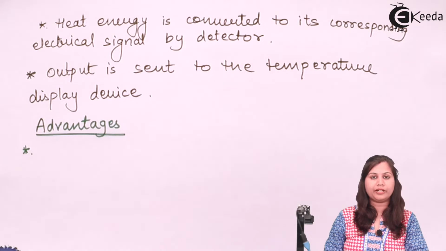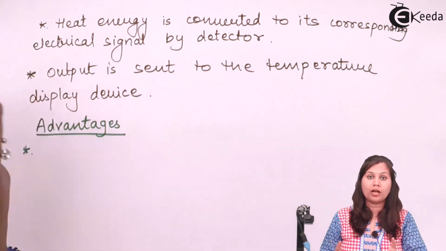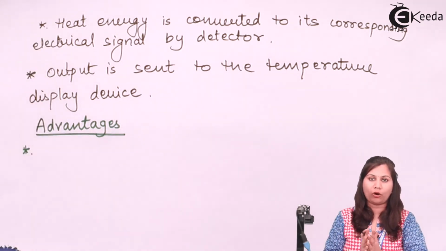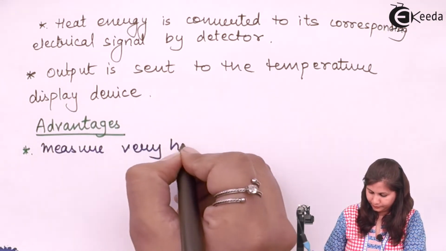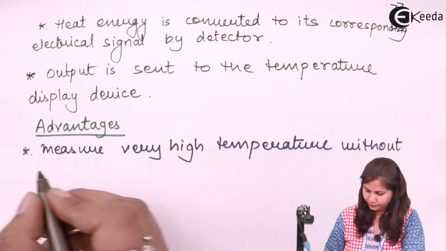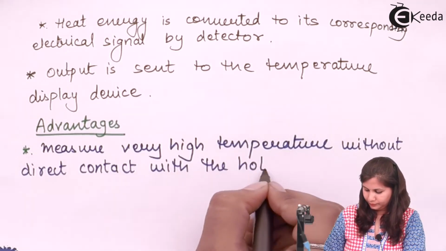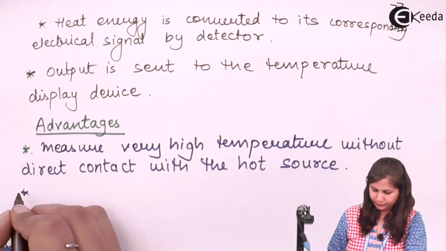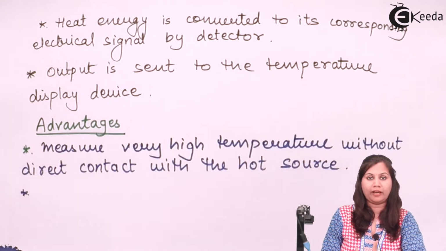The first advantage of radiation pyrometer is that it can be used to measure very high temperature without coming in contact with that hot object. Another advantage is that in the block diagram you have seen that we have used an objective lens to focus or collect all the heat energy radiated.